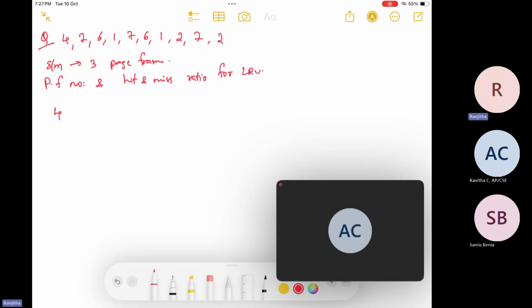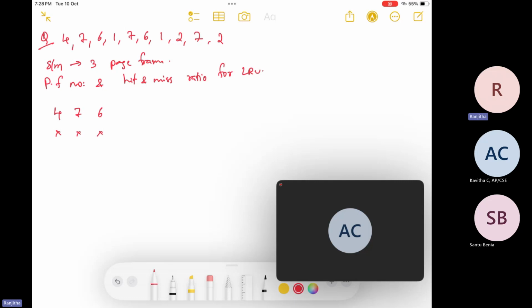So we have 3 frames, so 4, 7, and 6 will have a page fault and will be brought into memory without any replacement.